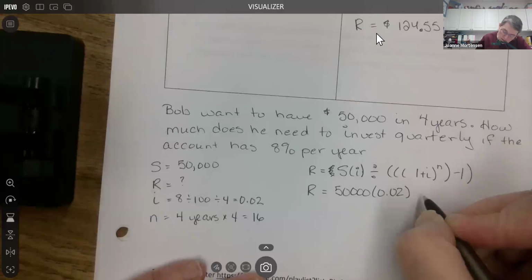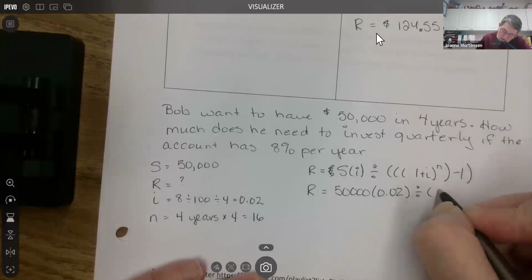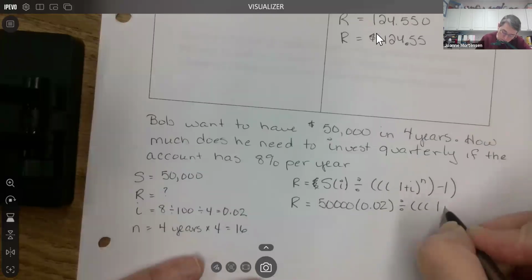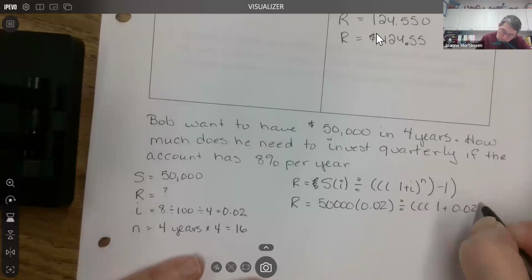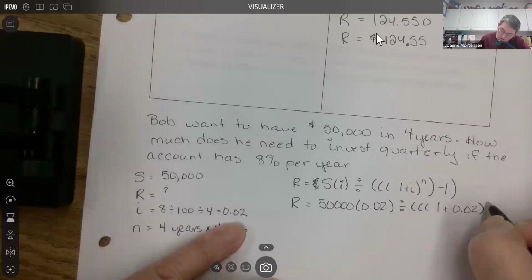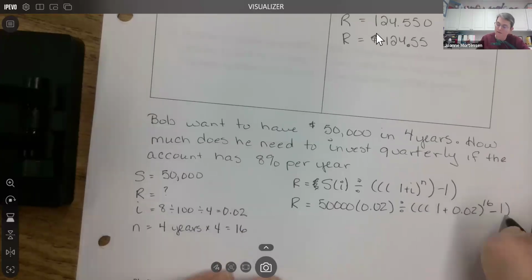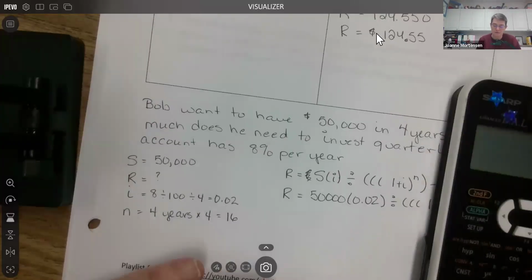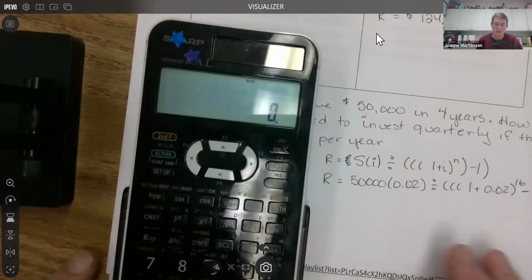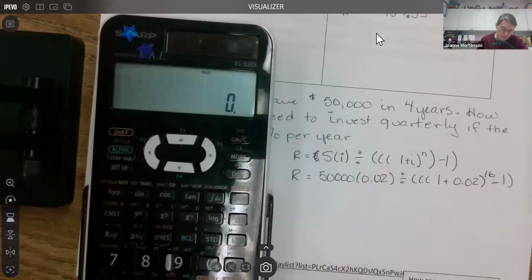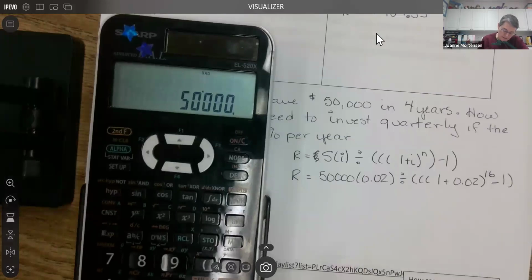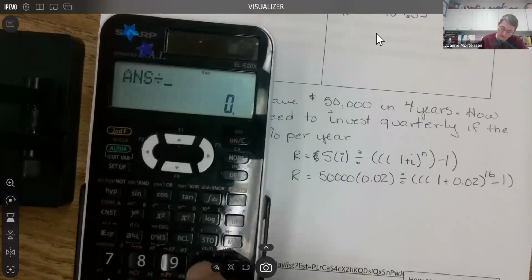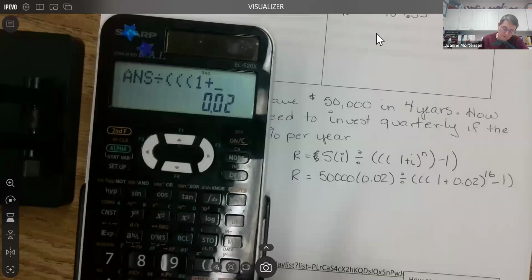0.02 divided by bracket, bracket, bracket. 1 plus 0.02 to the 16 minus 1, close my bracket. Okay, so here, I'll see 50,000 times 0.02 divided by bracket, bracket, bracket. 1 plus 0.02, close my bracket.